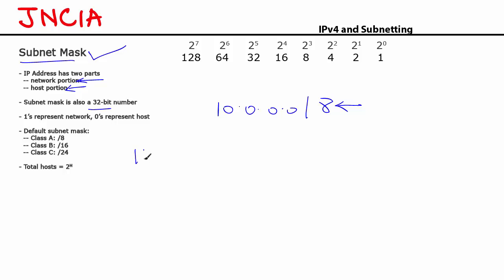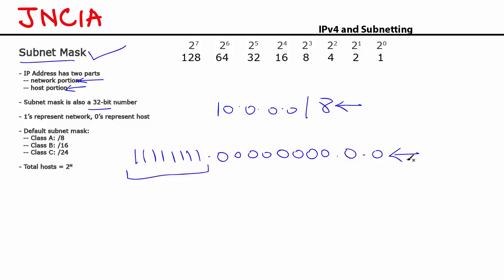The first 8 bits are ones. And then you have 24 zeros. And the last 2 octets, I'm just going to put them as zeros. So you can see the first 8 bits is what we call the /8. This is the binary representation of the subnet mask.